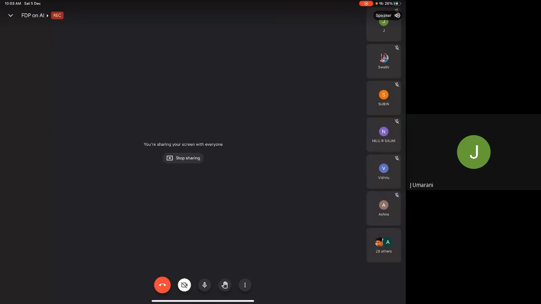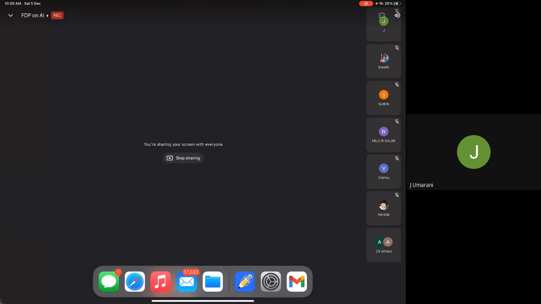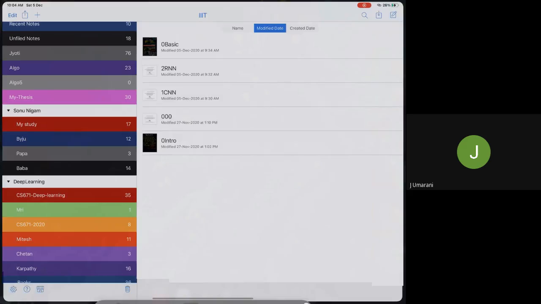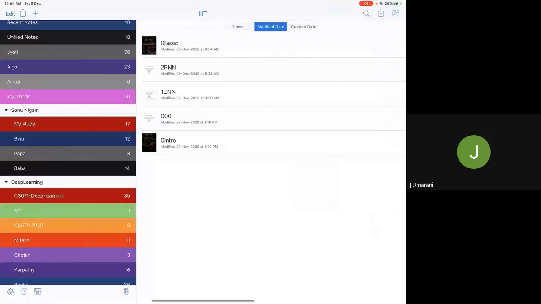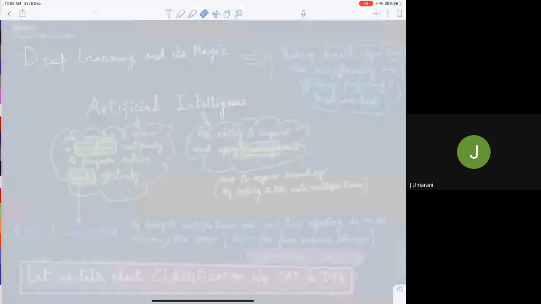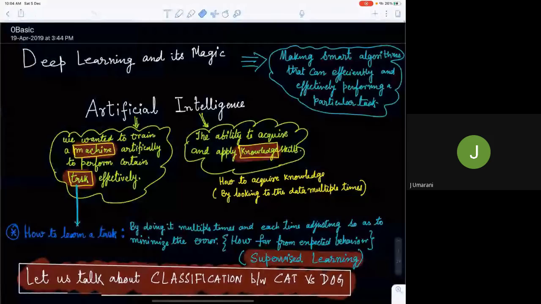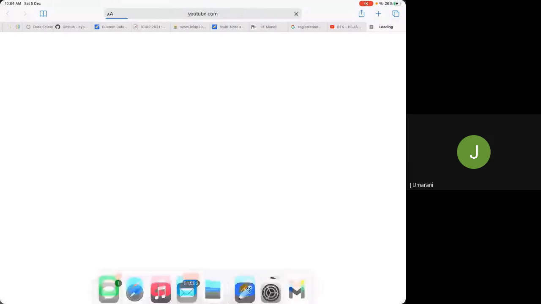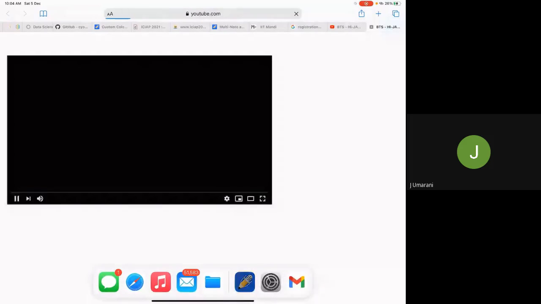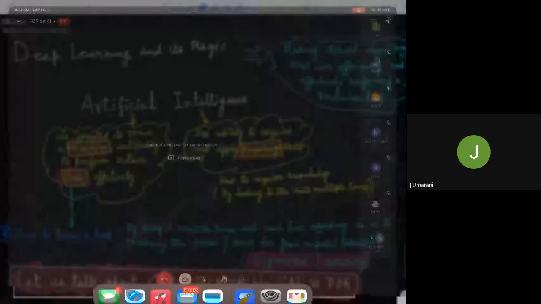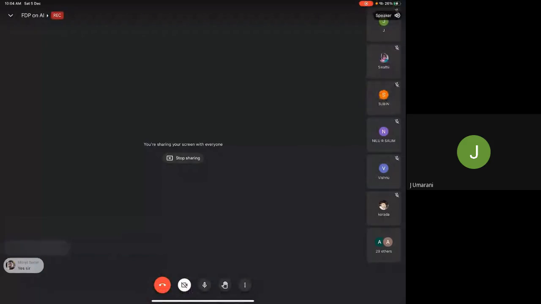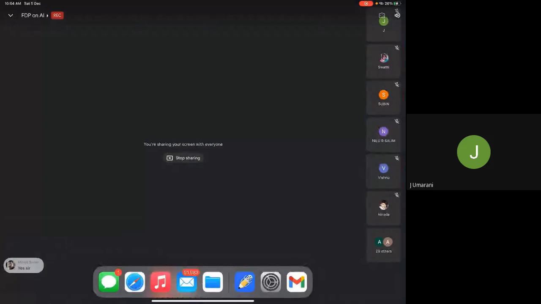I assume that you can see my screen. If you can see, then you can write in the chat box that you are able to see my screen. Oh yes, it's visible. Okay, thank you very much.